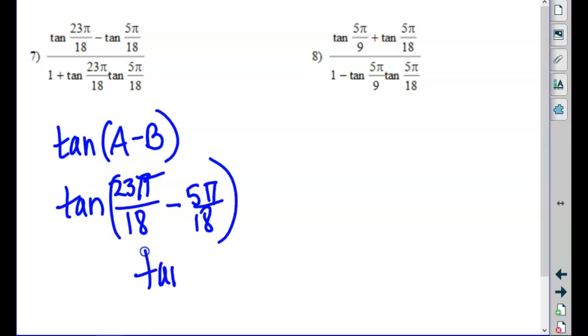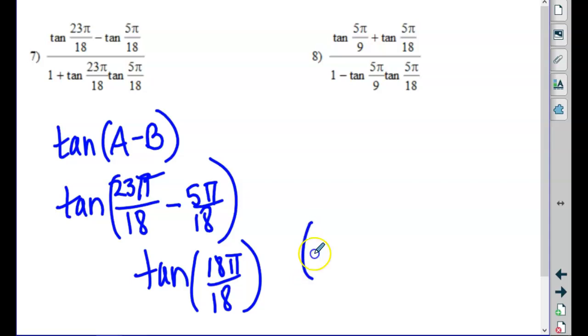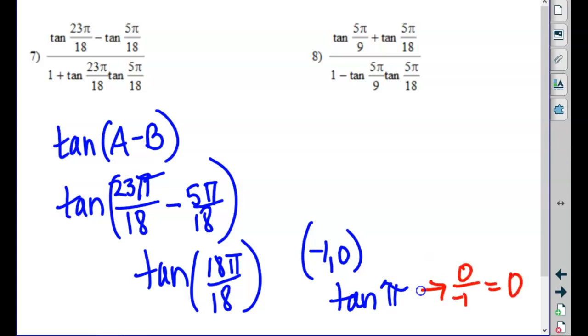If we subtract those, we get 18 pi over 18, which is pi. Okay, and the ordered pair at pi was -1, 0, so what's the tangent? 0 over -1, which is 0.